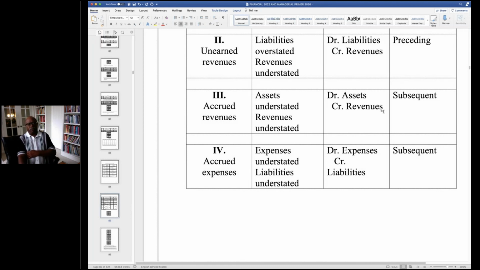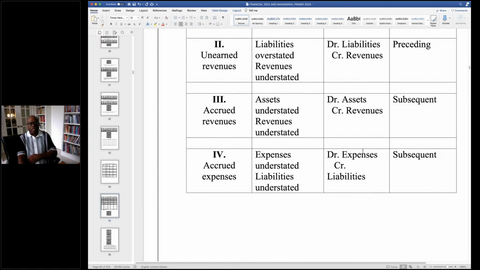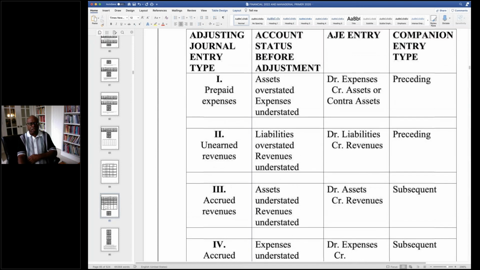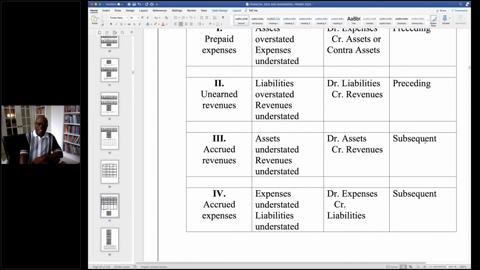So with the accrued revenues, as well as the accrued expenses, the adjusting entry happens, then there is a subsequent entry. When we're looking at unearned revenue and prepaid expenses, there is a preceding entry. But as you work with accrued revenue and accrued expenses, there is a succeeding entry, typically involving cash.